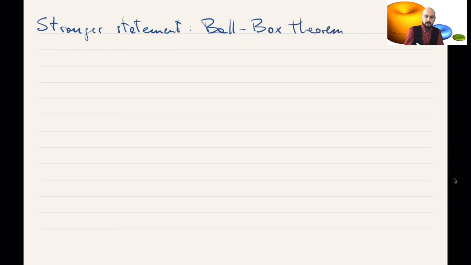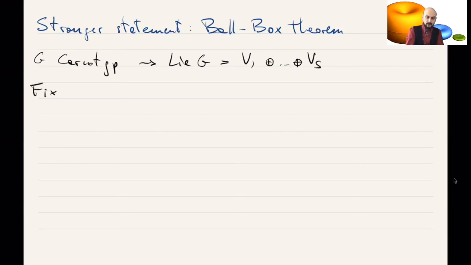All right. So let's remember, we are talking about G a Carnot group, and the Lie algebra is stratified, V1 to Vs. And now let's fix a basis adapted to the Vj's.